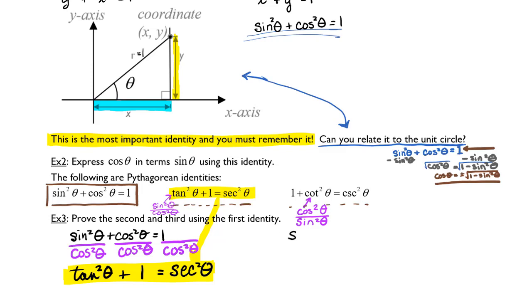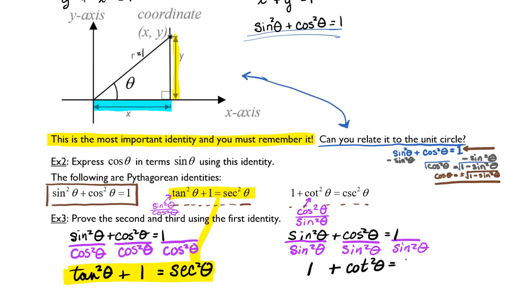Again, starting out with sine squared theta plus cosine squared theta equals 1. Dividing everything by sine squared theta this time gives me 1 plus cotangent squared theta equals cosecant squared theta.